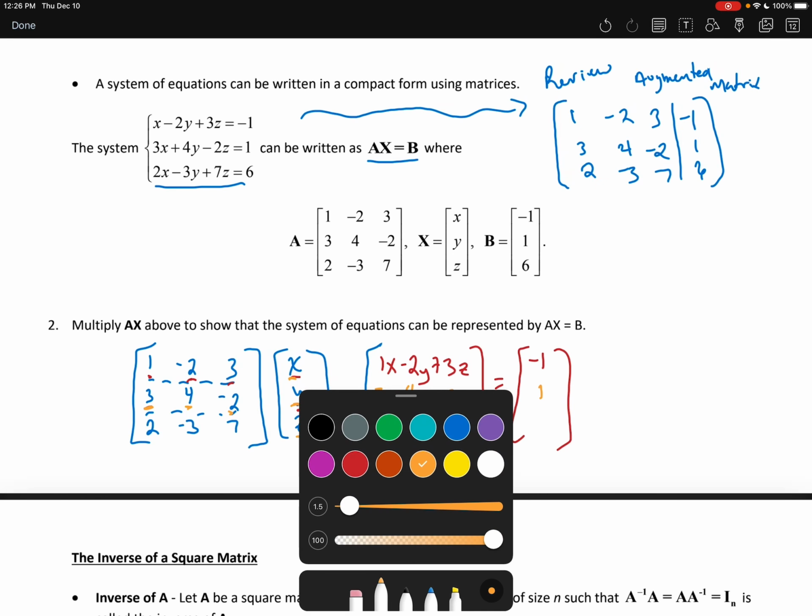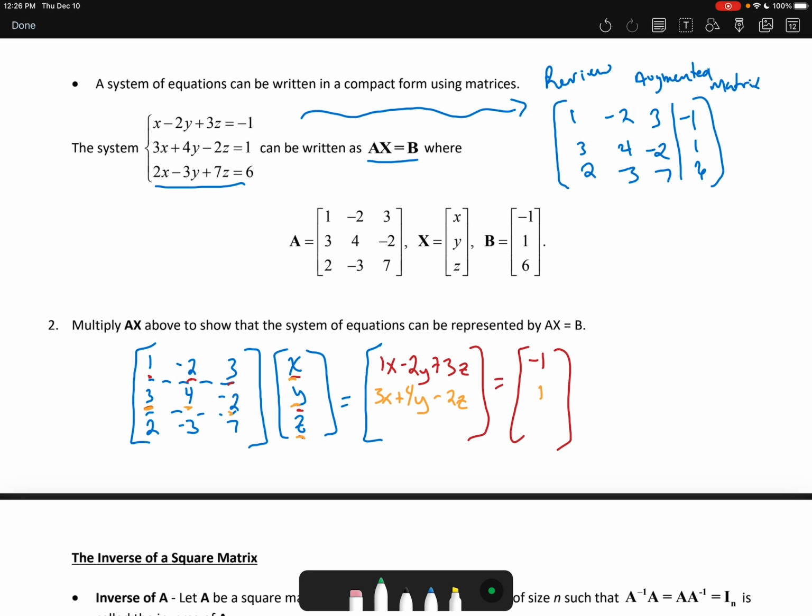And for our last entry, we would get 2x minus 3y plus 7z, and that equals 6. So yes, we can write it in this way. Basically what happens is we end up not writing this intermediate part. We just write the other parts. So we do A, the matrix A, times matrix X, equaling matrix B.